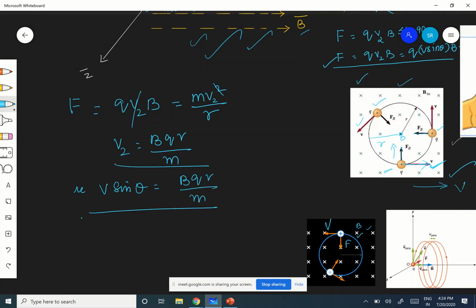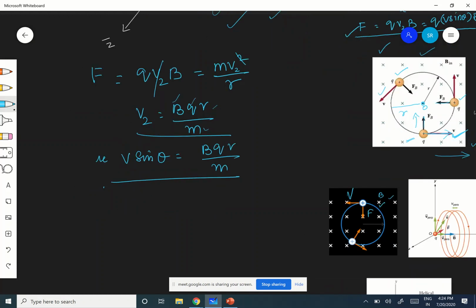Correct? Okay. So, this is the component of velocity of the charged particle in terms of what? The field, charge of the particle, mass of the particle, and the radius. It traces a circular path, no? Circular path of radius R.